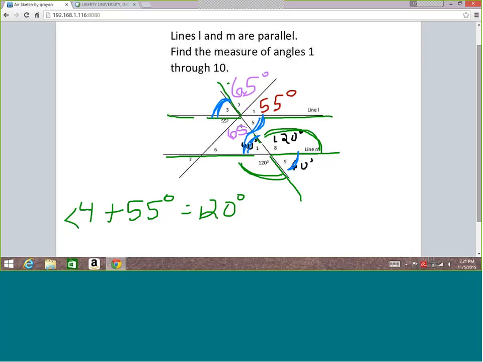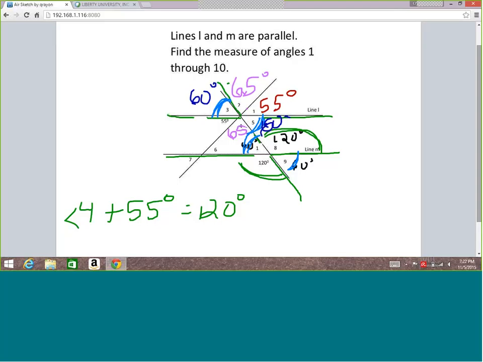So that tells me angle 3 has to be 60 degrees, and angle 5 also has to be 60 degrees. Okay, so we're getting somewhere. We're doing this piece at a time, looking for vertical angles and using the relationships of the parallel lines. All we have left are angles 6 and 7.